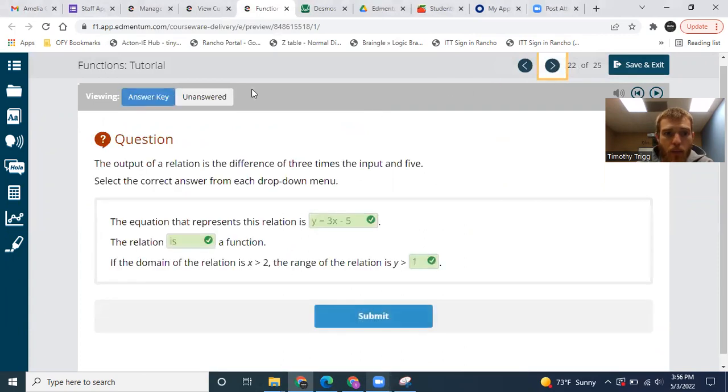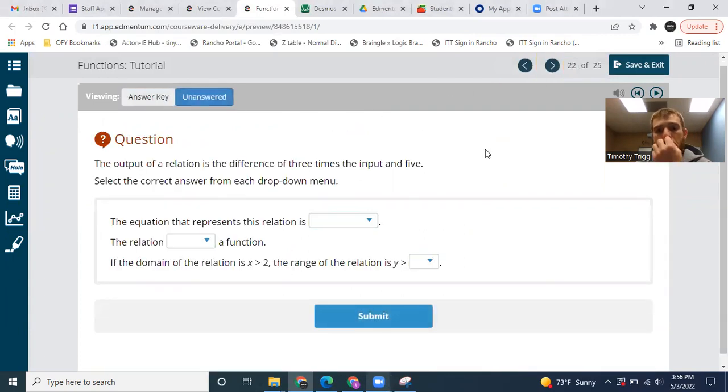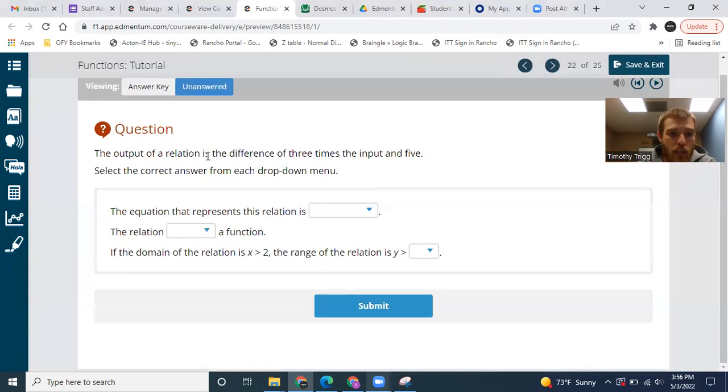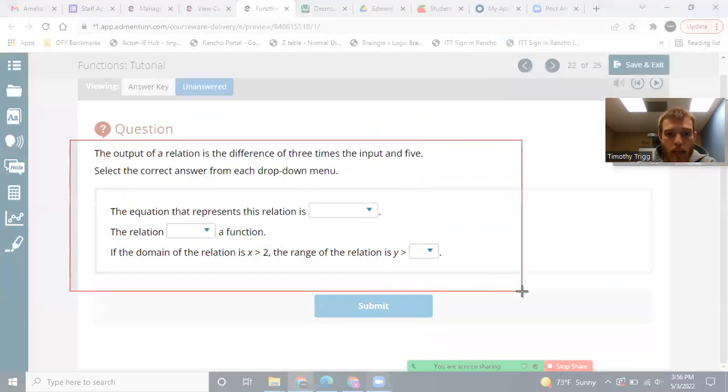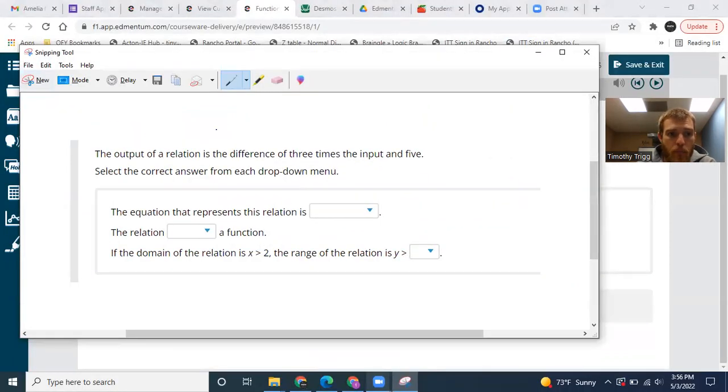Go ahead and skip along until you get to here on page 22, and let's talk about this. The output of a relation is the difference of 3 times the input and 5. Okay, so here they're basically asking us to write down the relation. So the output of a relation, so y, usually when you're translating to math, is your equal sign.